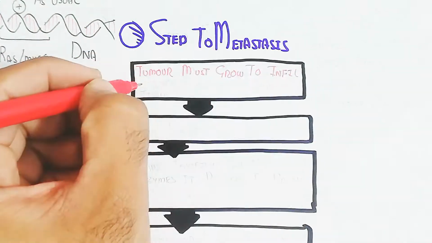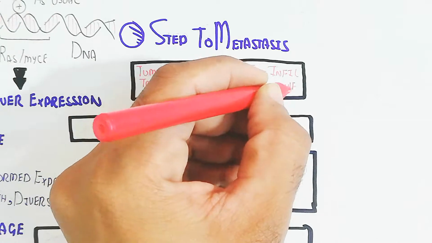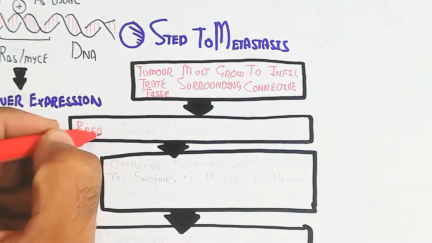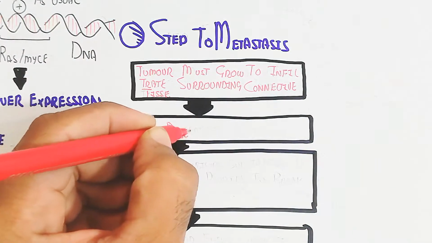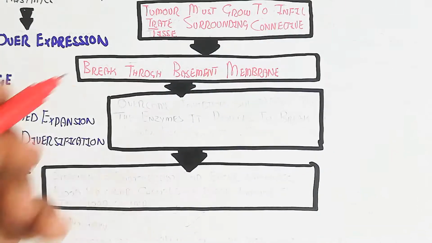First, the tumor must grow to infiltrate the surrounding connective tissue. After this, it breaks through the basement membrane, as shown in the diagram.